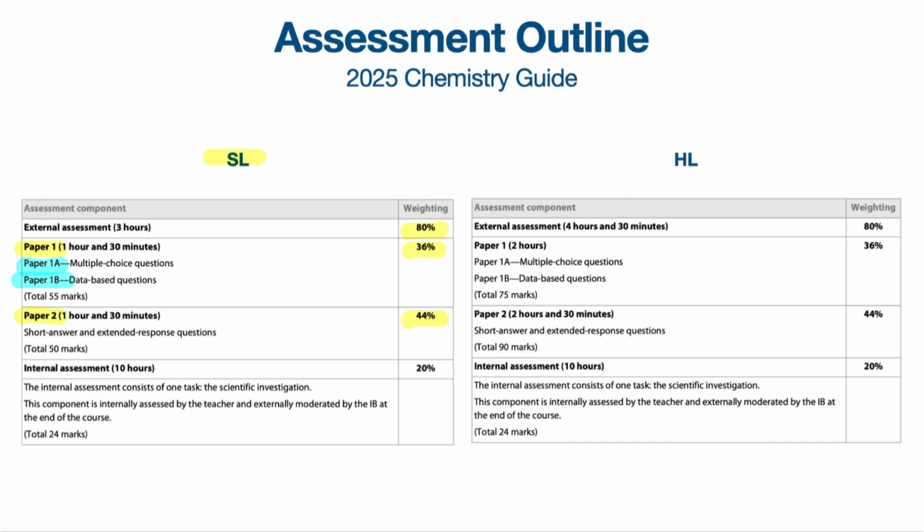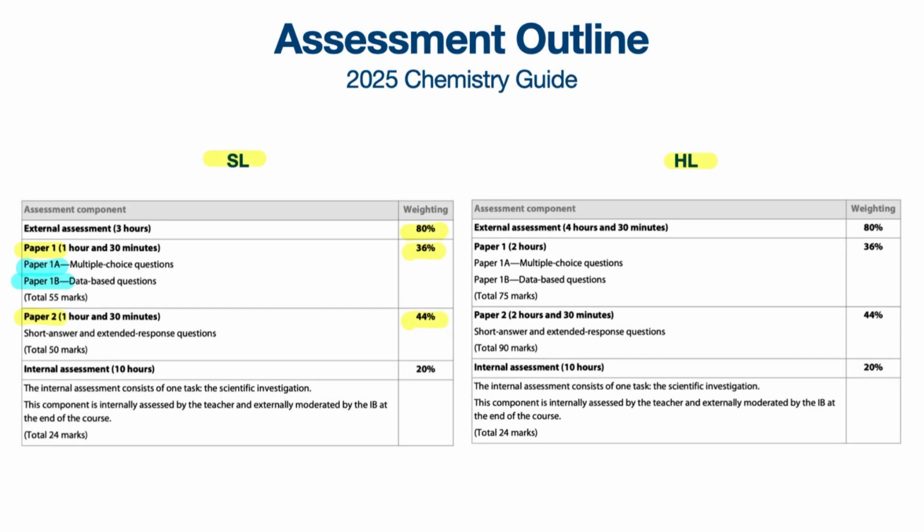Much is similar for HL, only that Paper 1A will have 40 instead of 30 multiple choice questions. And the questions will be based on both standard and higher level material. HL students will possibly have more questions for Paper 1B as well. Because of this, students will have an additional 30 minutes compared to SL students.